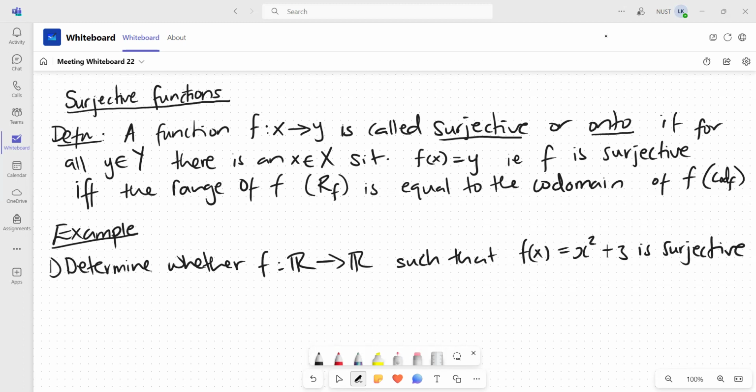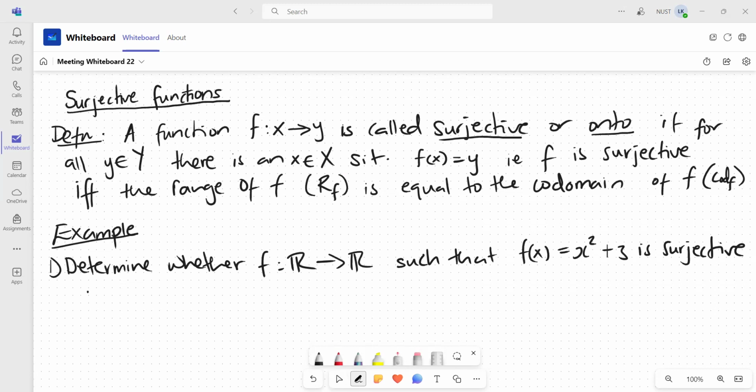So we want to check, is this function here surjective? What we need to do is check, is the range equal to the entire set of real numbers? So if the range is equal to the entire set of real numbers, then it means that it is surjective. What we need to do, find the range and then check, is it equal to R?